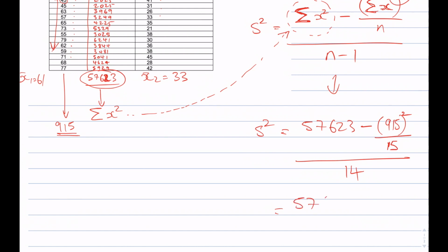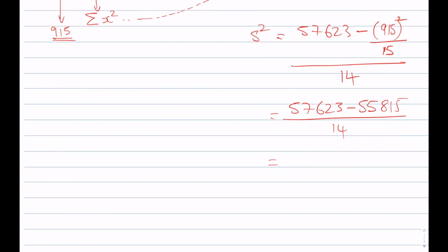So that's 57,623 minus 55,815, divided by 14. 57,623 minus 55,815 equals 1808. Divide by 14, and my variance is 129.14. And it carries on, but I'll work with this.